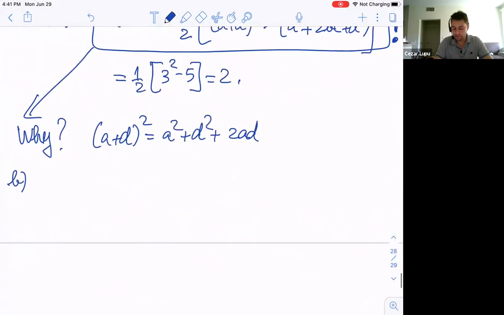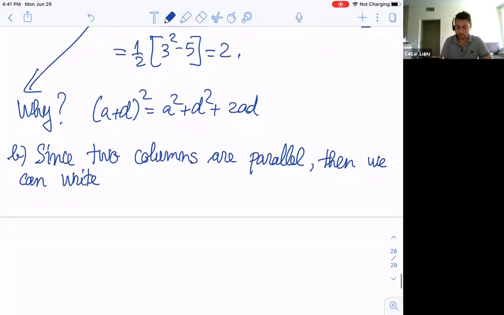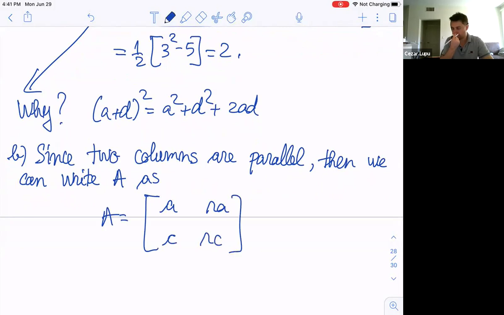Since 2 columns are parallel, then we can write A as [a, r·a; c, r·c], where this r is just a number, a complex number.